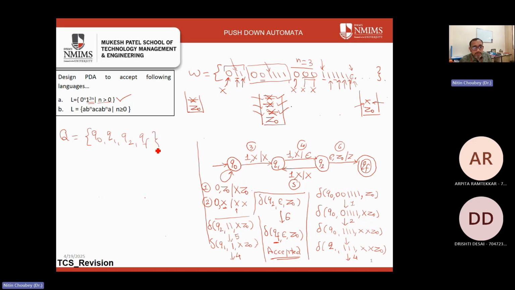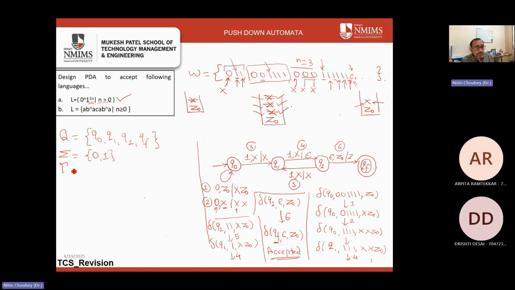This is our finite set of states for the constructed PDA. Sigma is the finite set of input symbols. Let's look at the symbols represented on the transitions as the first symbol. We have 0, 0, 1, 1, 1. Epsilon, no need to represent. Basically, we have two symbols available, 0 and 1.